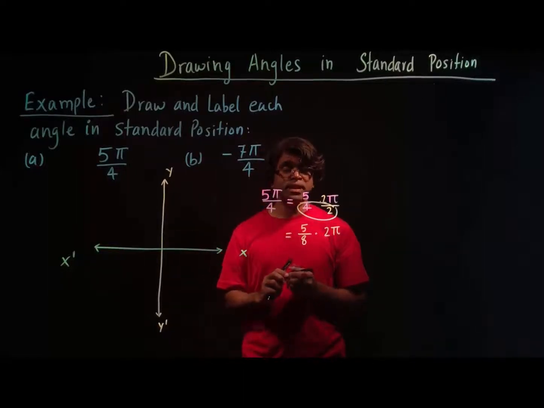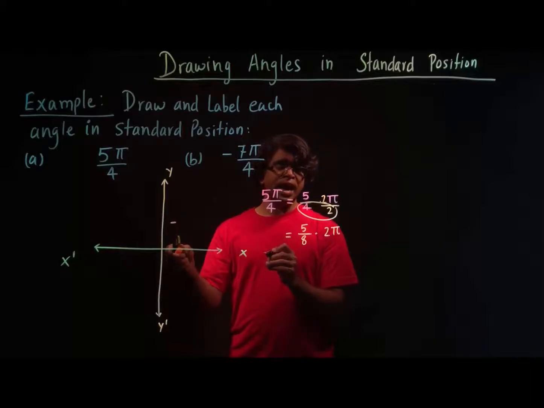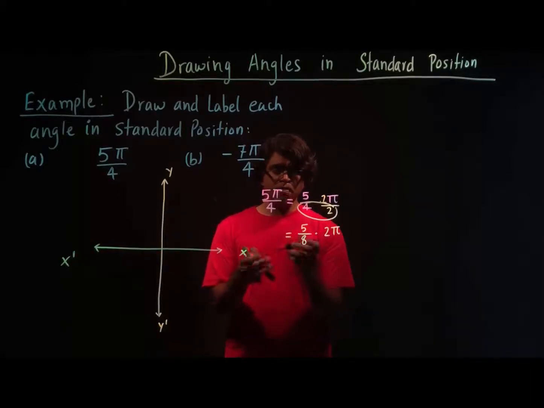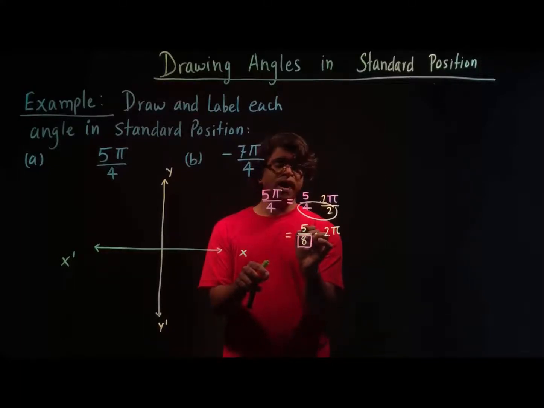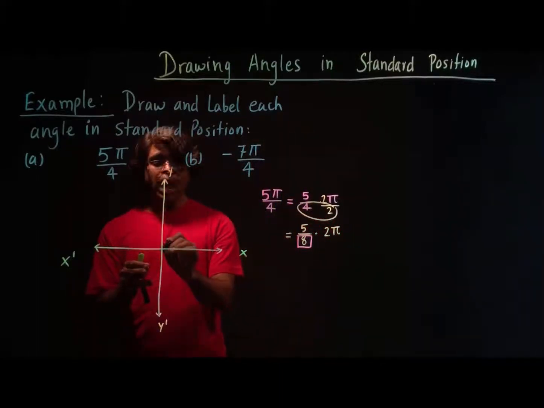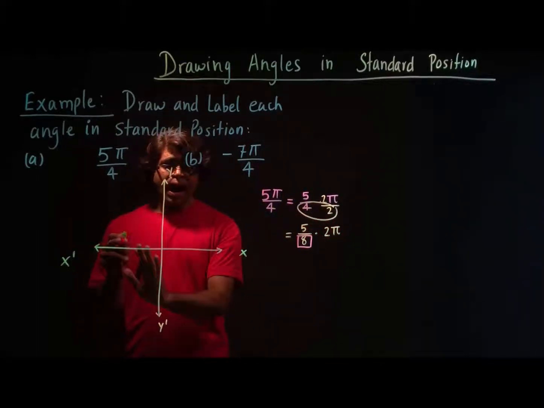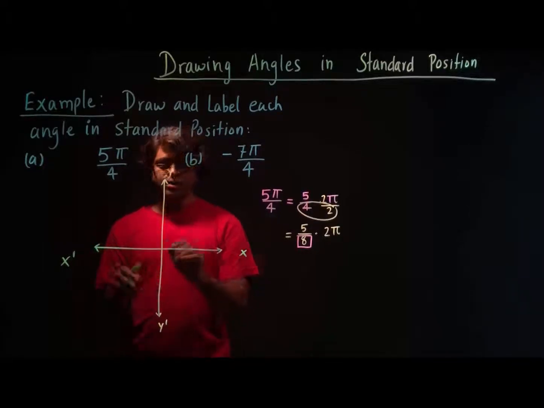It means I need to divide the entire angle into 8 parts, and then consider 5 out of 8. So I'm going to divide these 4 quarters into 8 equal parts.